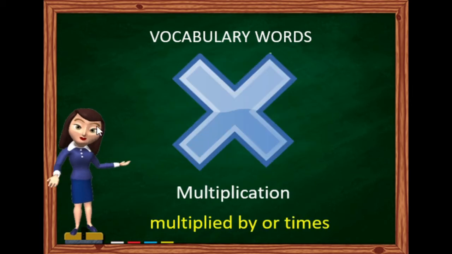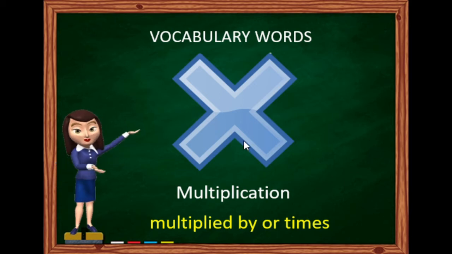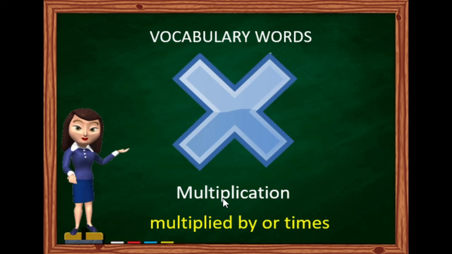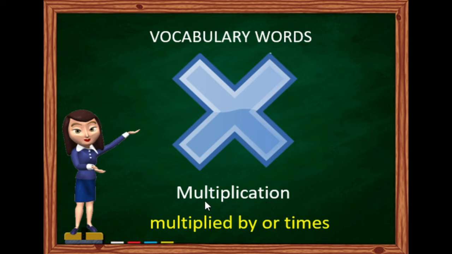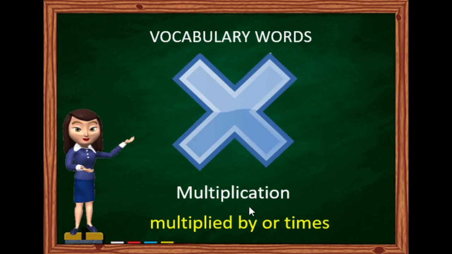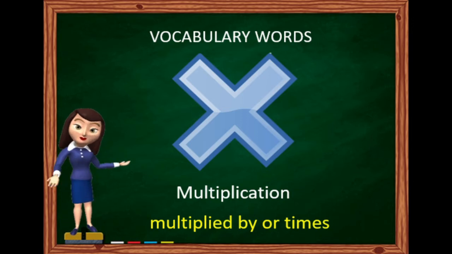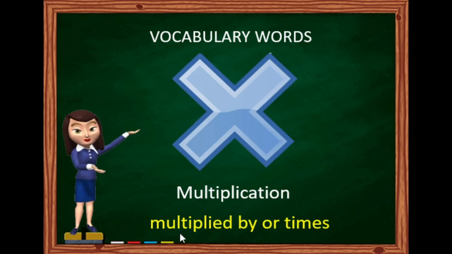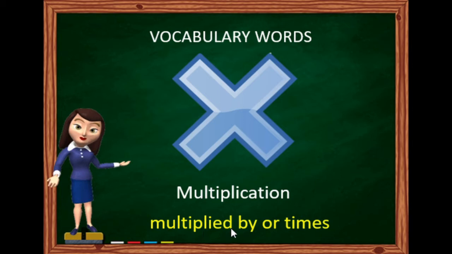And lastly, if you see this operation, you would associate it with the operation called multiplication. Multiplication. Repeat after me. Multiplication. Alright, very good. And when you solve numbers with this symbol, you say multiplied by, or in short, you can say just times.